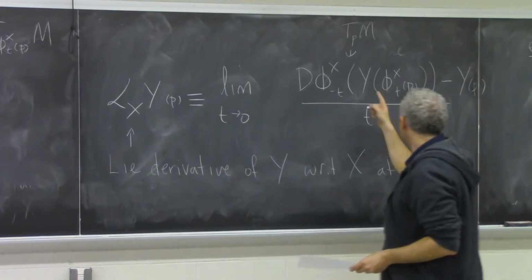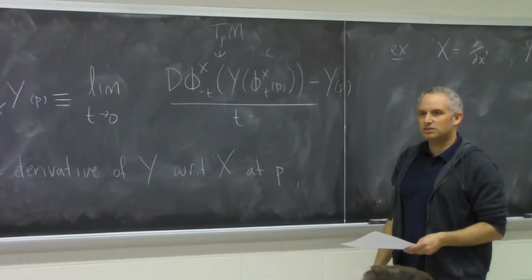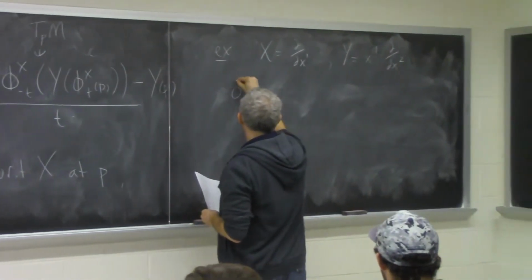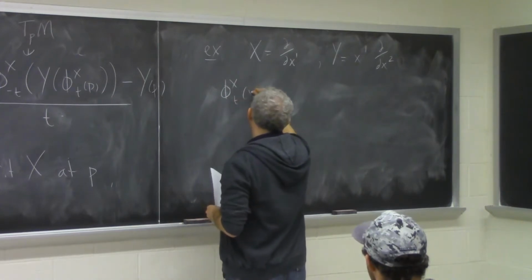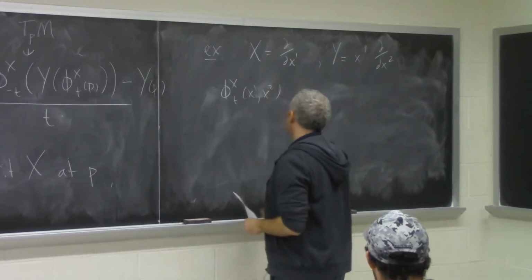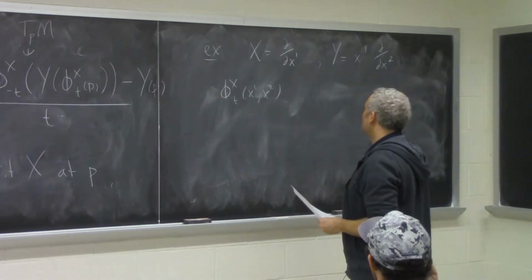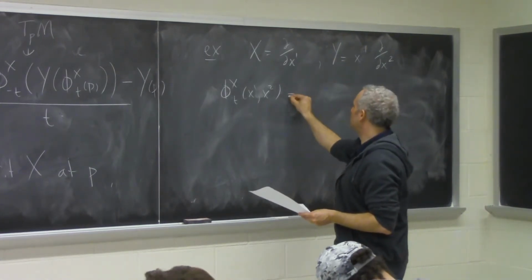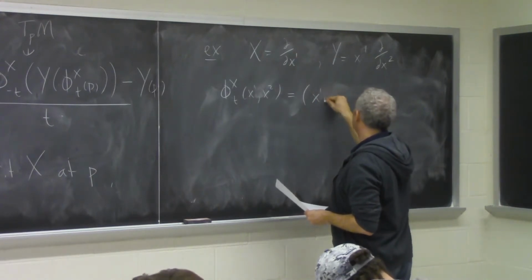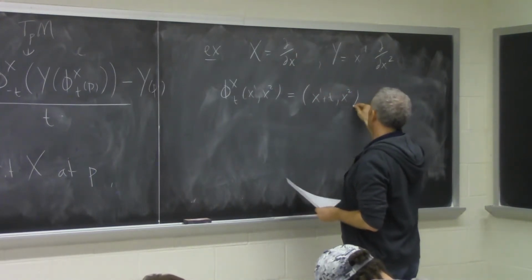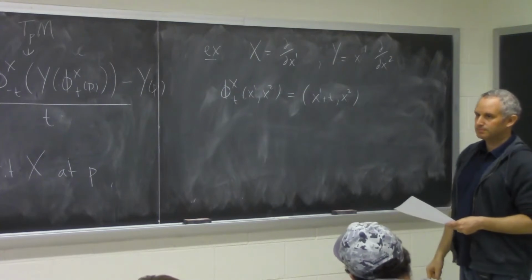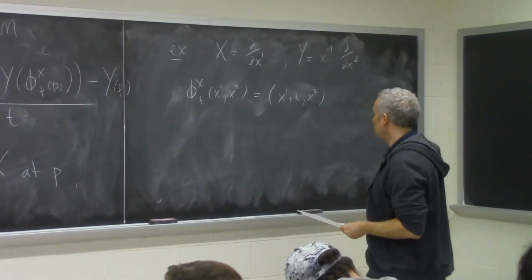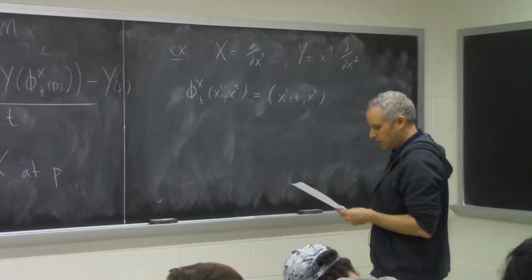So what we need is the flow of x. So x is very easy to integrate in this case, because I'd just be punishing myself if it wasn't. It's just x1 plus t x2. That's the flow. You can write down the differential equations if you don't believe me, but that's the answer.